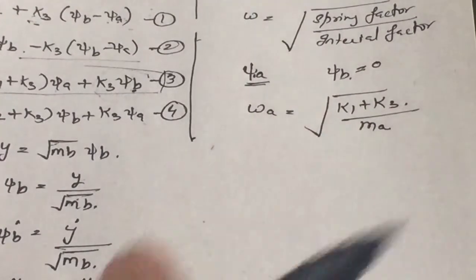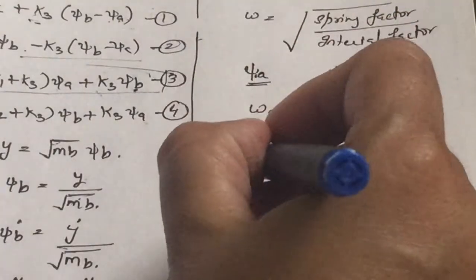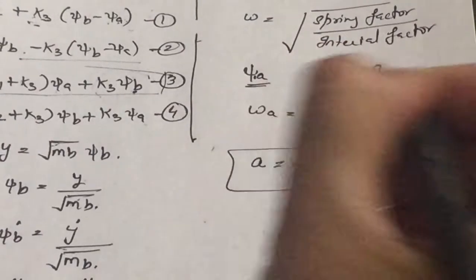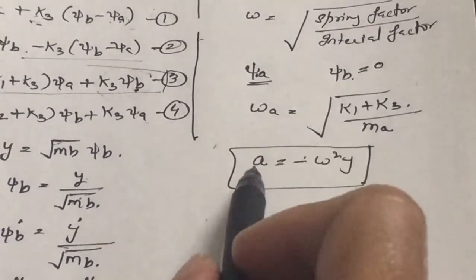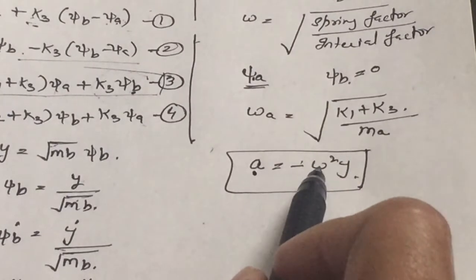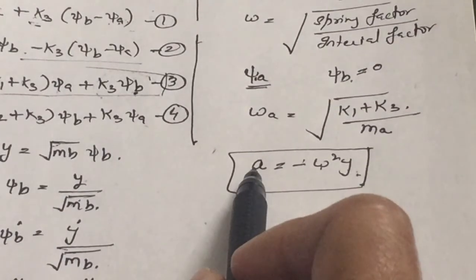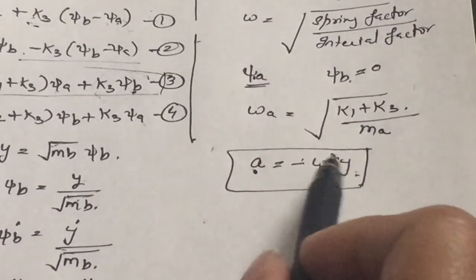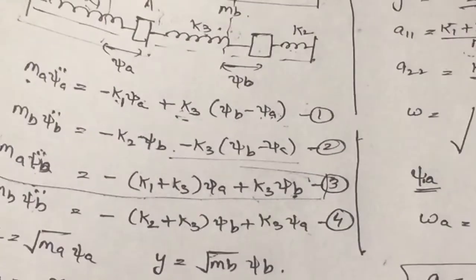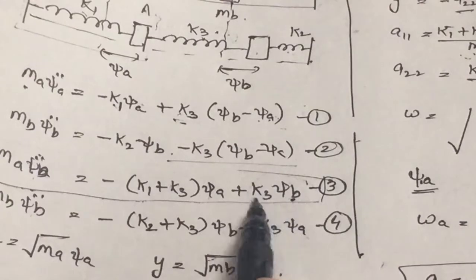Just remind yourself, in simple harmonic motion we have a relation between the acceleration and the displacement. If a is the acceleration of the simple harmonic motion, y is the displacement and omega is the angular velocity, this is the relation between the acceleration, displacement and angular velocity. Here we are getting the same from equation number 3. If we put psi b equal to 0, this factor is going to be 0.